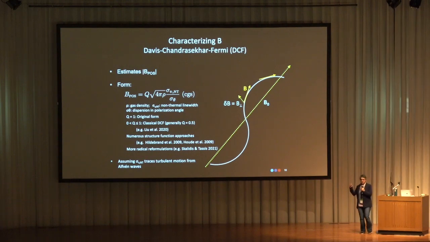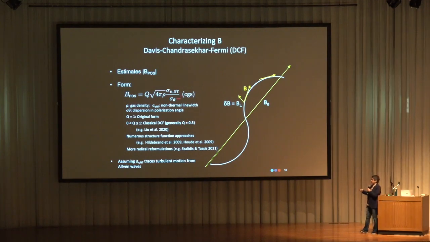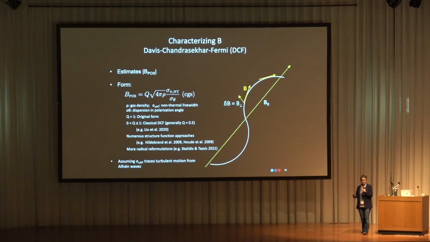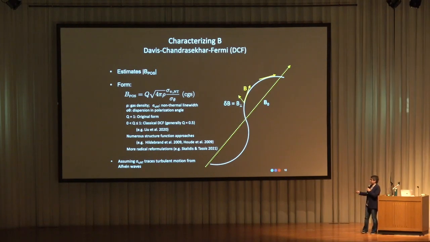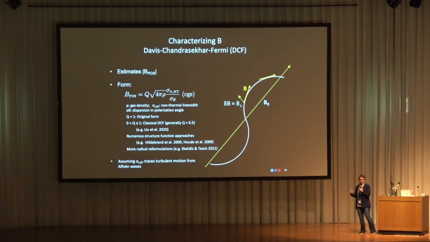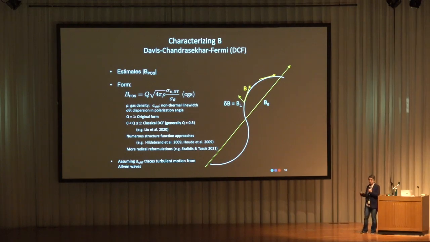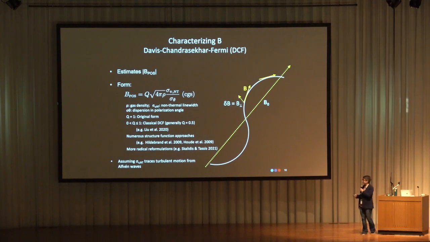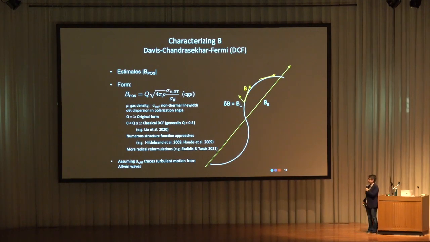It relates the strength of the plane of sky magnetic field to the square root of density, the non-thermal line width, assuming that they're tracing turbulent motion from Alfvén waves, and we use gas tracers that trace the same material as dust, and the dispersion in polarization angle.